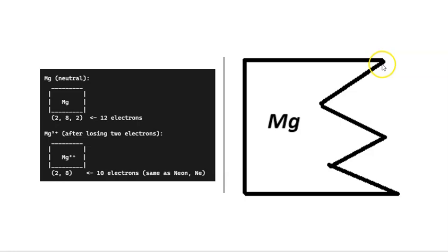And I represent these 2 electrons lost as these 2 pieces that are missing here in this rectangle. This is the way that I represent magnesium. Look, 1 electron, 2 electrons that are missing, and then magnesium is +2.